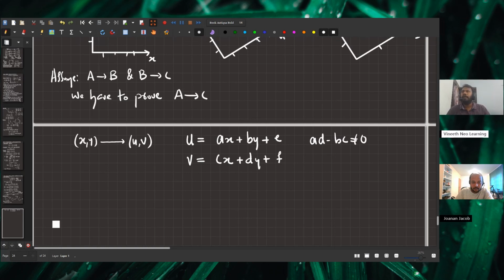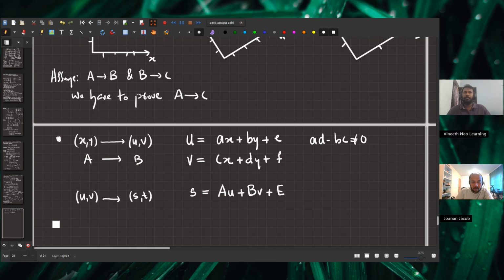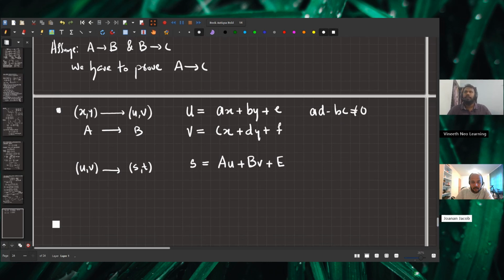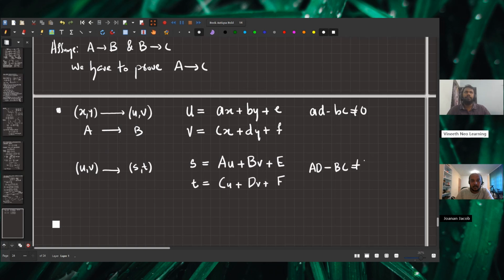This is the transformation from A to B. Now let's consider the transformation from B to C, that is from u comma v to s comma t, given by the equations s equals capital A u plus capital B v plus capital E, and t equals capital C u plus capital D v plus capital F, where AD minus BC is not equal to 0, and all of these are real numbers.